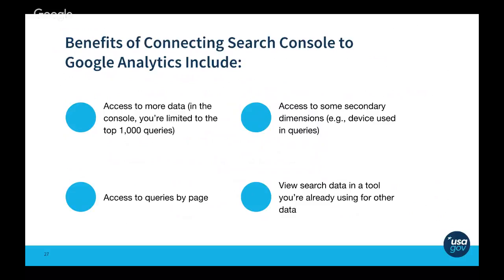It's limited, but you can look at specific things like device use, in case it's important to you to see which terms were searched on mobile versus desktop. And then finally, it's just convenient to get your data while you're in Google Analytics, which most of us probably use for looking at our traffic and other things. And it's a familiar tool. So that's pretty helpful too.